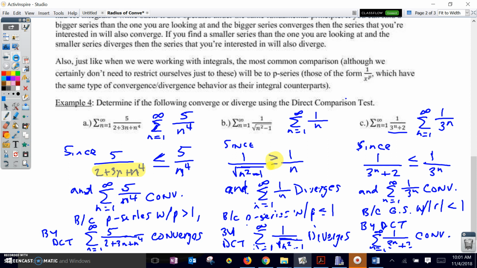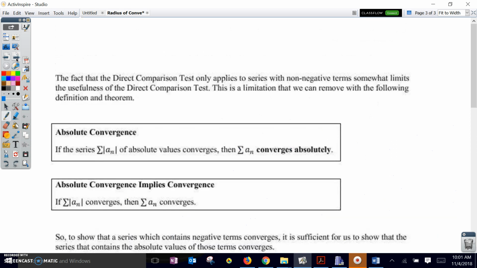All right, continuing on. What was nice with all of those was we had series where the terms were always positive, or non-negative rather. But when we have series that have negative terms in them, we can't really use direct comparison.